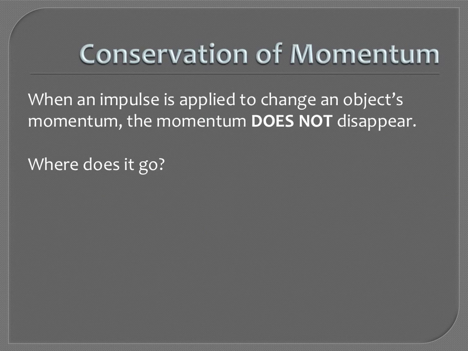Now we're going to get into this idea of conservation of momentum. So when you apply an impulse, this force over a time duration, to change an object's momentum, that momentum does not disappear. So where does it go? It transfers into another object.